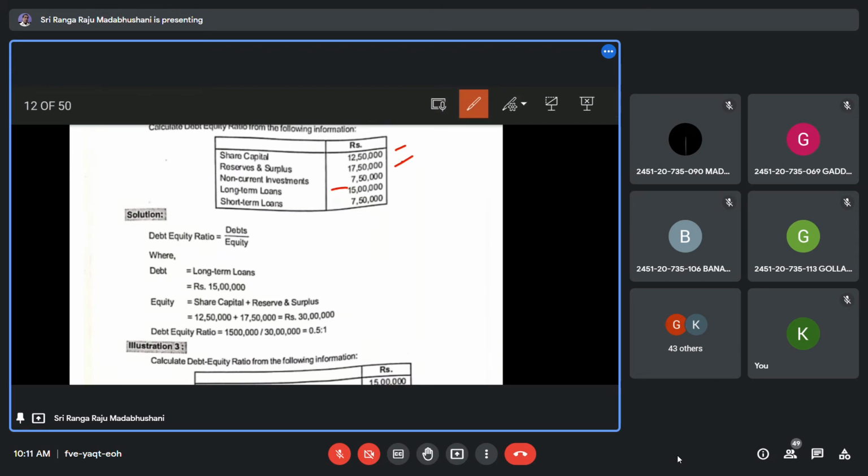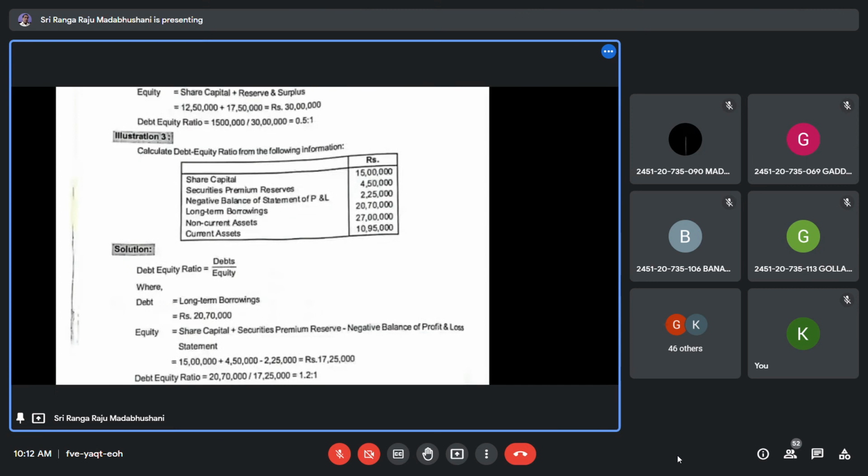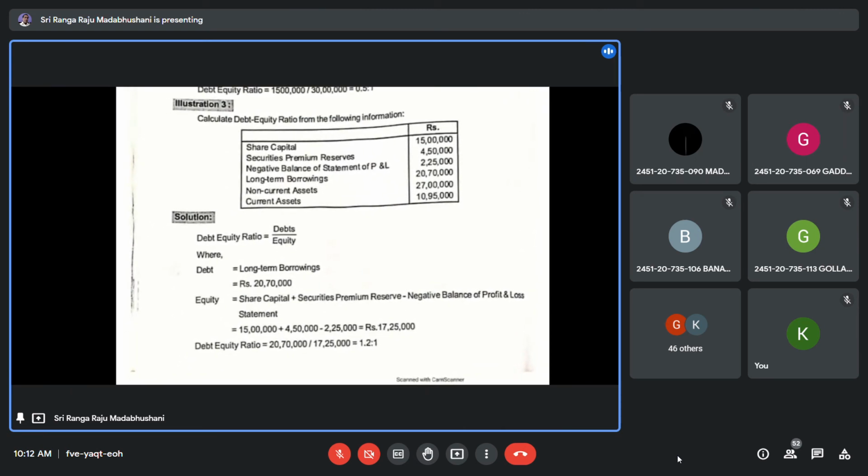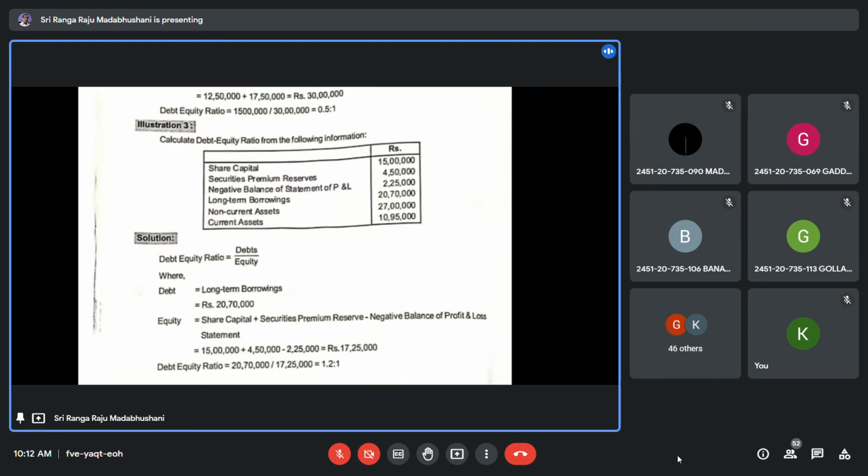So debt is equal to only the long-term loan, and owners' equity is share capital and reserves and surplus. So the ratio is 1 is to 2 only, that is 0.5 is to 1. So the ratio is good. The firm's financial position is comfortable. Their financial position is sufficient to meet their liabilities.